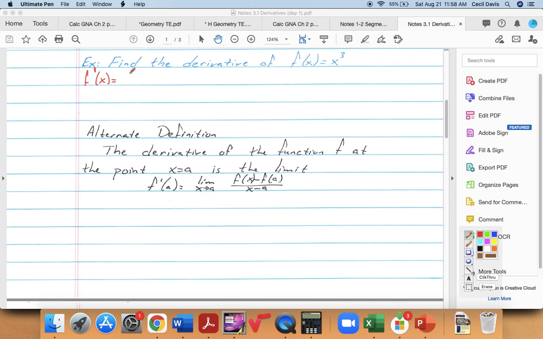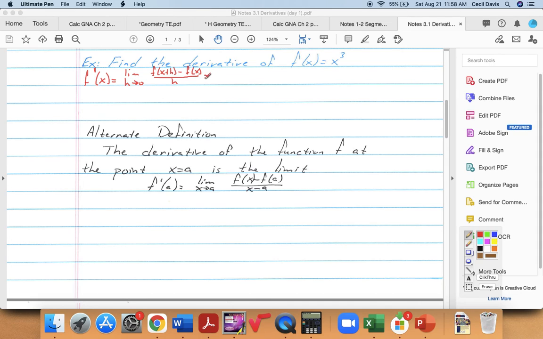is going to be the limit as h goes to 0 of f of x plus h minus f of x all over h.